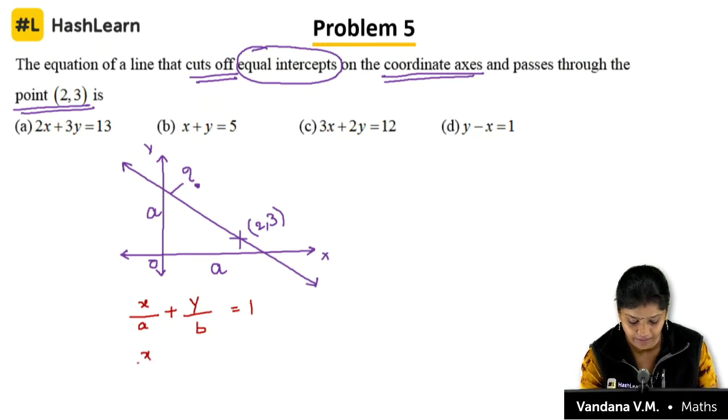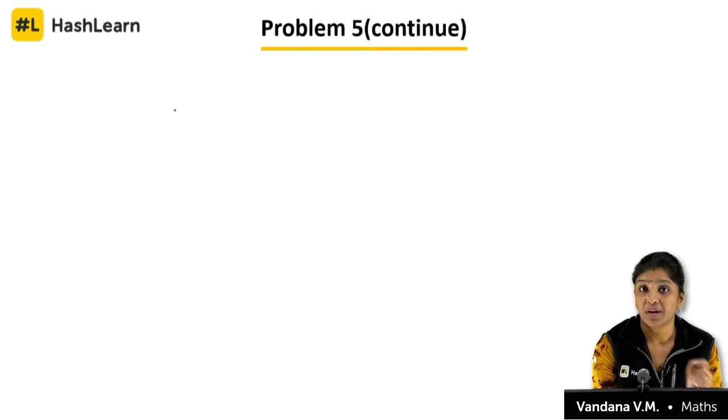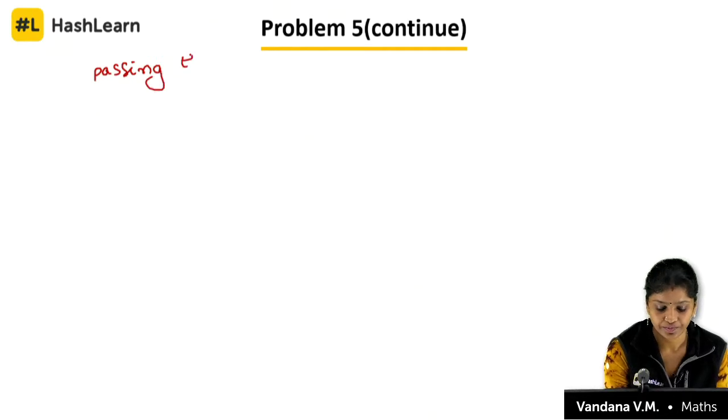But here they are telling that both are equal, right? So this is the standard form now. But that line equation is passing through 2 comma 3.